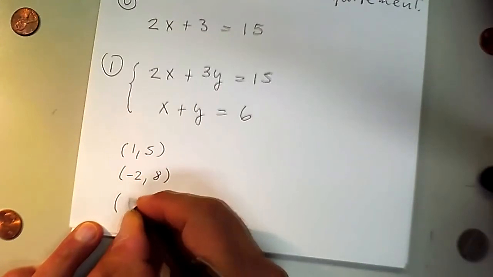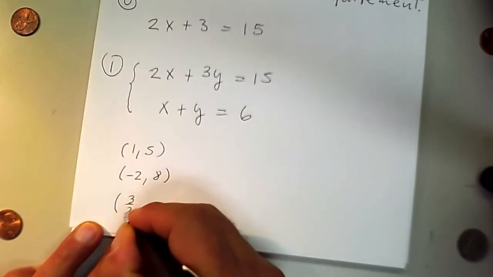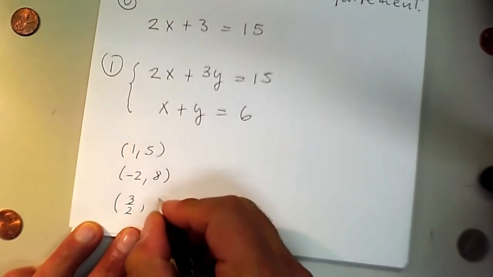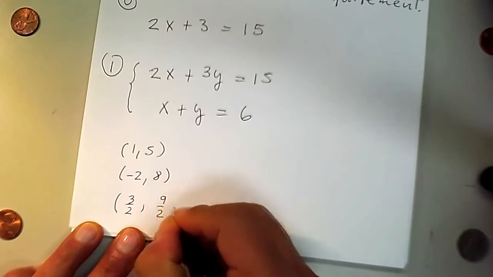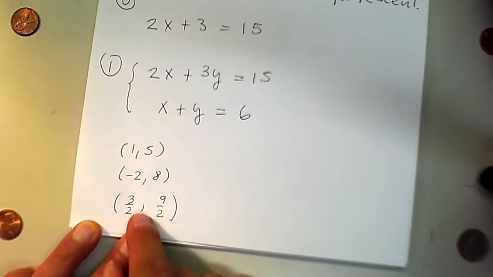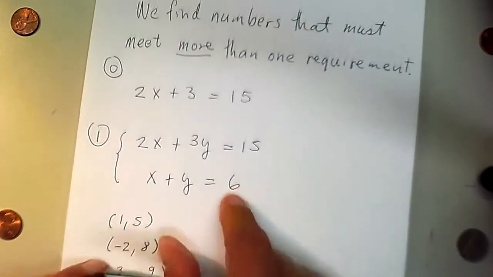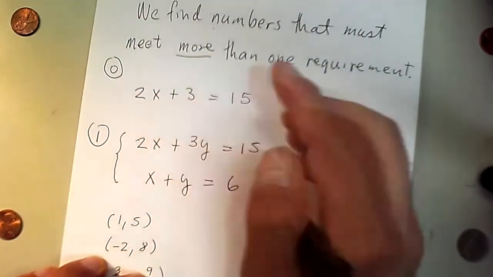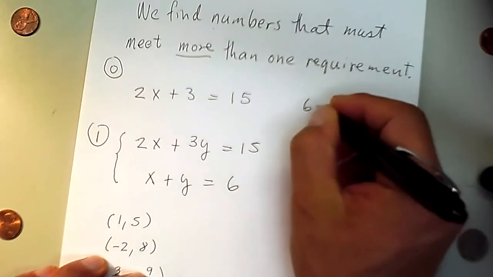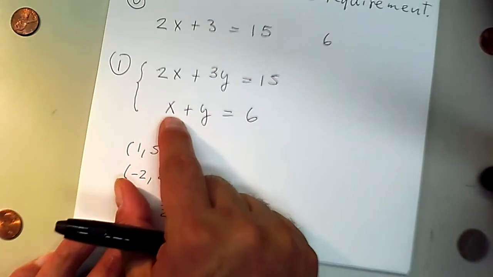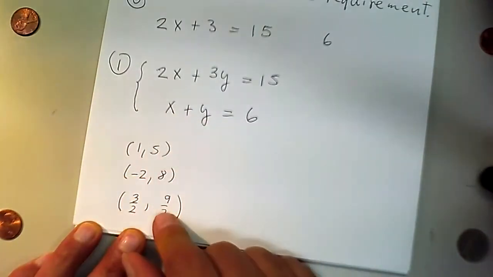So let's say 1.5, which is 3 halves, and then we would have to have 4.5, which is 9 halves. So those are solutions. And the solutions are not just one number. Here, the solution is just a number. 6 is the solution. Here, possible solutions only for the second equation are those.